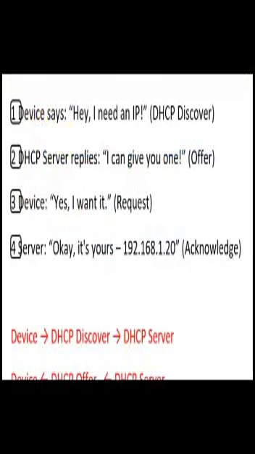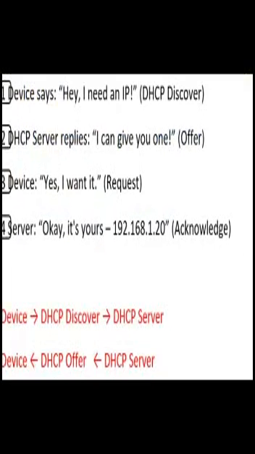So when a device is added to the network, this just explains how the conversation goes between the device and the DHCP server. It says, hey, I'm a device newly installed on the network. Hey, I need an IP.